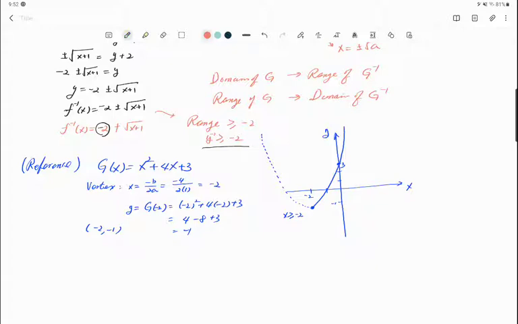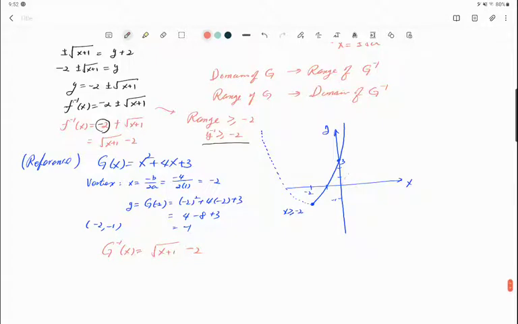And then the inverse function. What's the inverse function? Let me rewrite it: the square root of x plus 1, and then minus 2. Consider the graph of the square root of x.